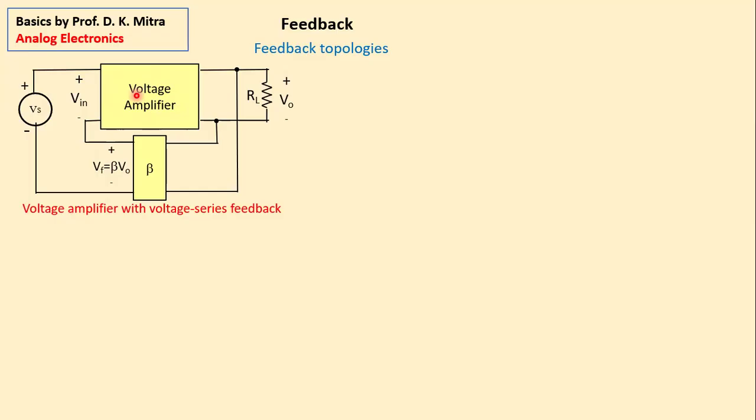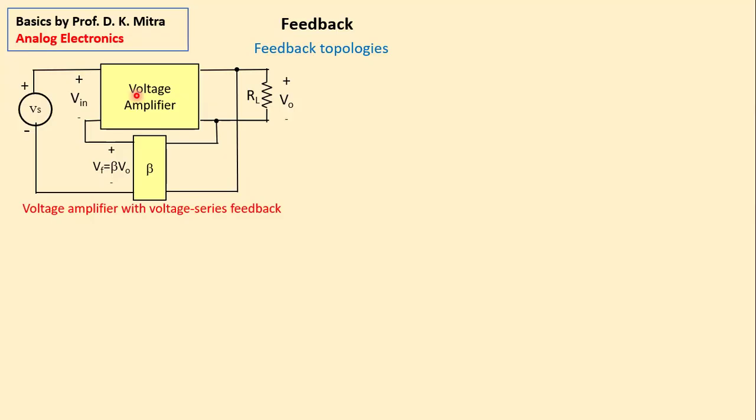One is the voltage amplifier, which is voltage input, voltage output. What is a current amplifier? Current input, current output. And there is a voltage to current converter. That means current output, voltage input. The transfer ratio is current divided by voltage. That is why it is called a transconductance amplifier. It's a very bookish name, but nobody really uses this name.